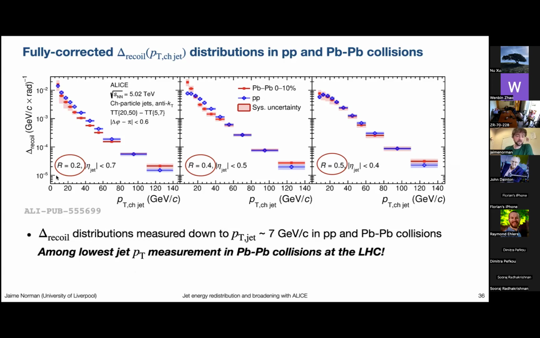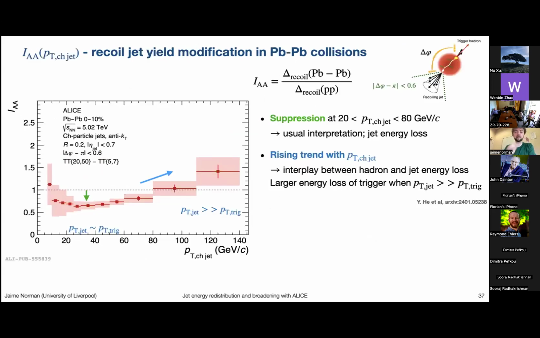We see the results separately for our narrow jets, R equals 0.2, up to our wider jets of R equals 0.5. And we already see some differences in these lead-lead and proton-proton distributions, which we can probe in a bit more detail by taking the ratio, which I show here.